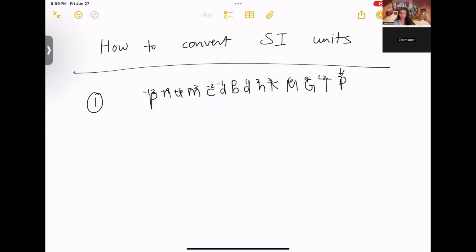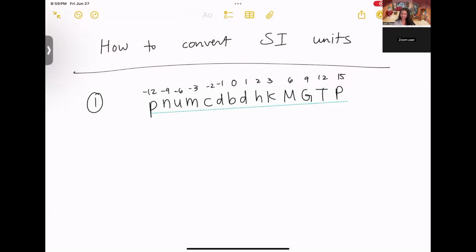So this is pico, nano, micro, milli, centi, deci, base. Then this is deca, hecto, kilo, mega, giga, tera, peta.